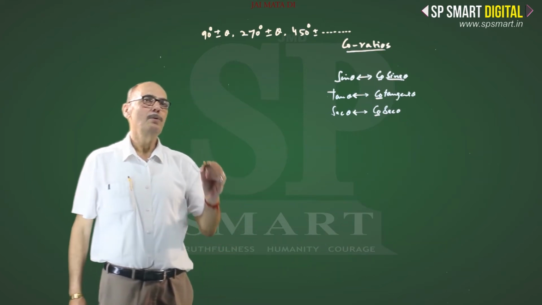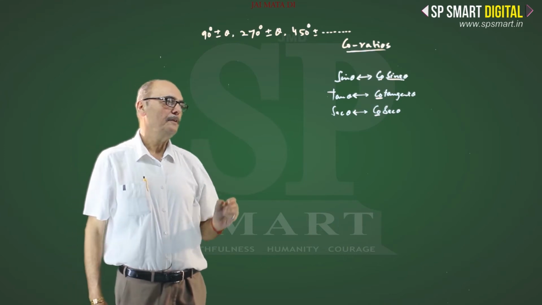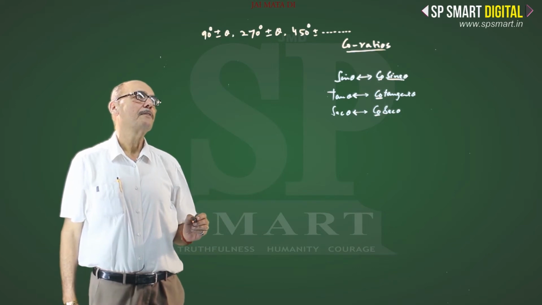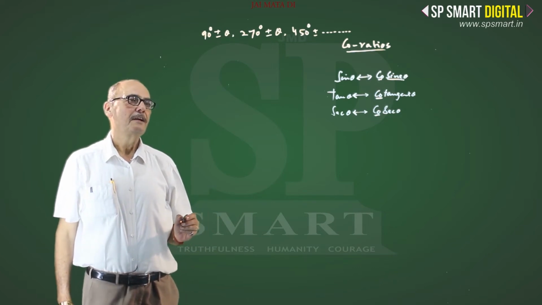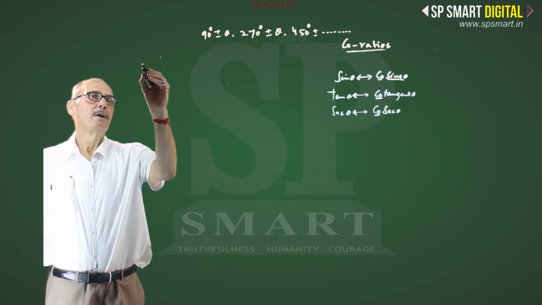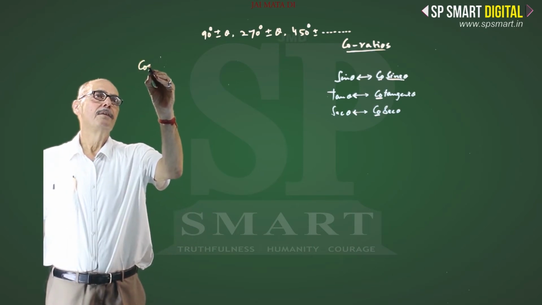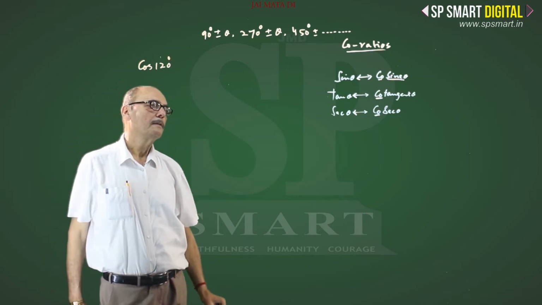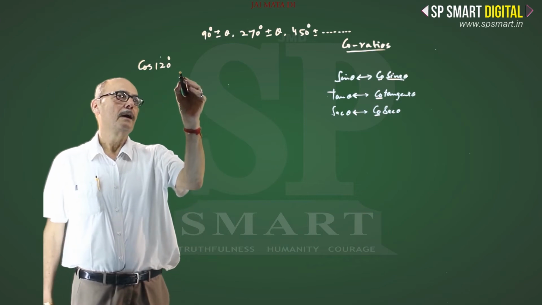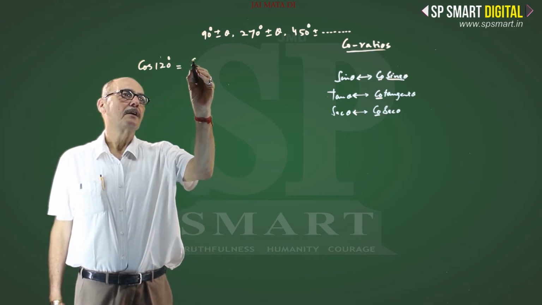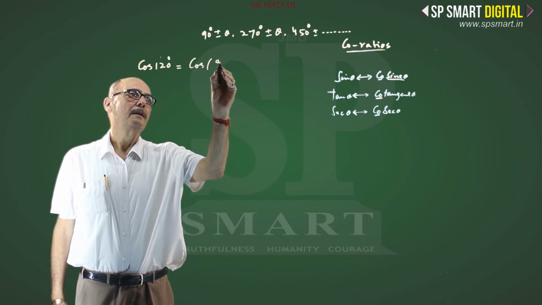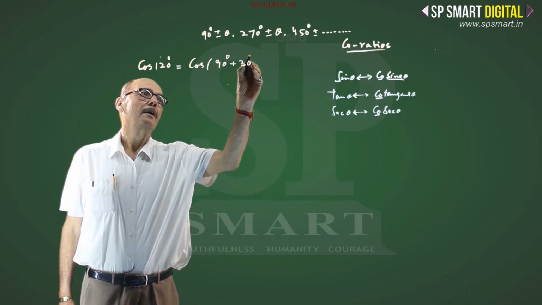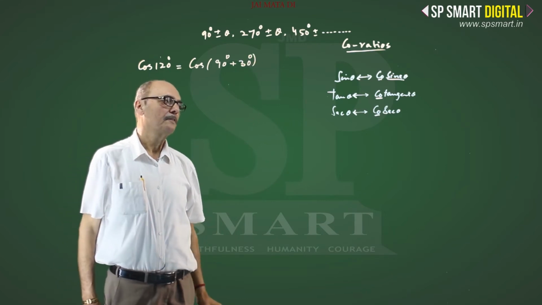Having learned the first rule, we make use of this in finding the trigonometric ratios of the angles higher than 90 degrees. Now, for instance, we want to find out cos of 120 degrees. So, I can write it as cos of 90 degrees plus 30 degrees. So, this is 120 degrees.